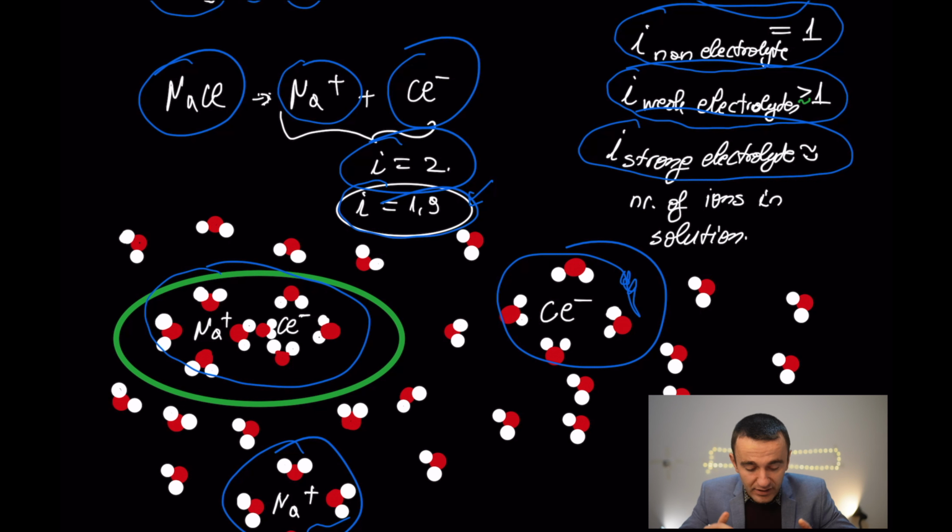And this trend, if we have more particles per formula unit, goes lower. But these are tabulated values that can be found in general chemistry books, so you don't need to remember them. But you have to remember that the number of particles gives us the Van't Hoff factor, which is taken into consideration for electrolyte solutions.